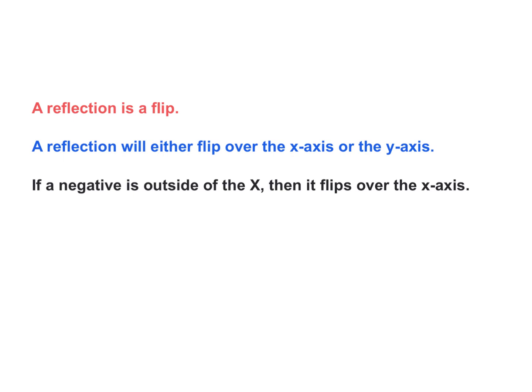Now, again, the outside the x part is sometimes harder to tell than the inside. So here are two examples of the outside. This one's easy to tell. I've got absolute value here, and the negative is on the outside. So that's going to take that v and flip it upside down. This one will get you sometimes, right?